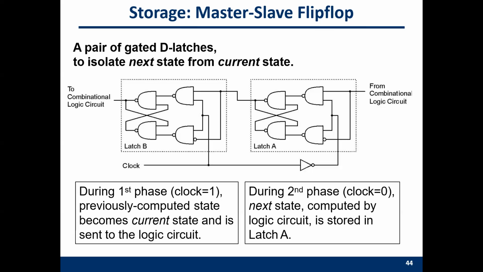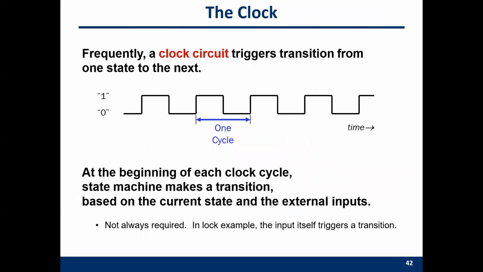So this is how they read and write values based on different values of clock in the same cycle. In one cycle, when the clock is high, they do something, and then when the clock is low, they do something.